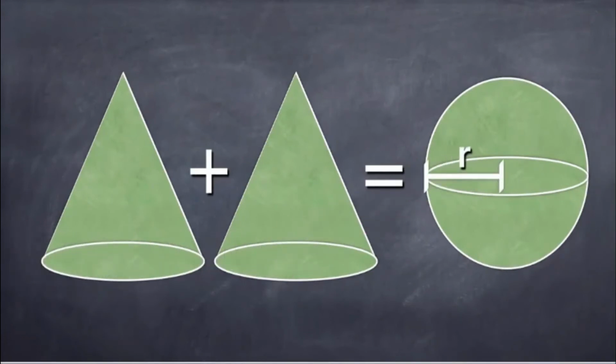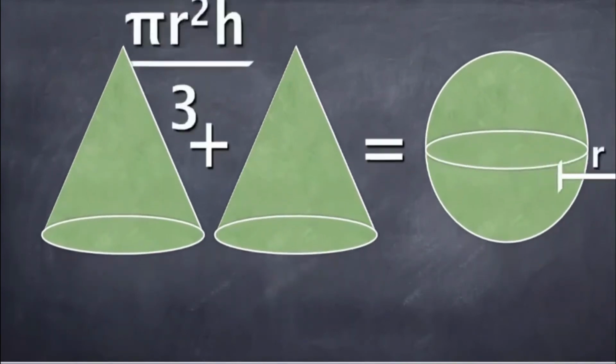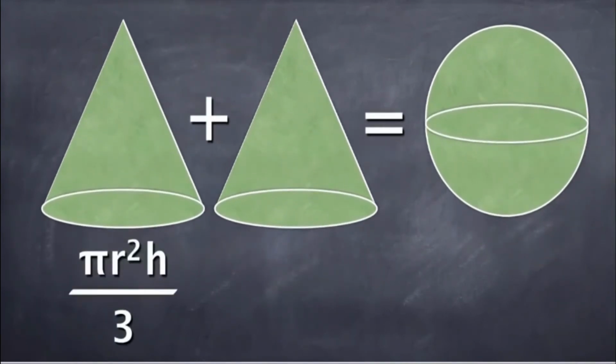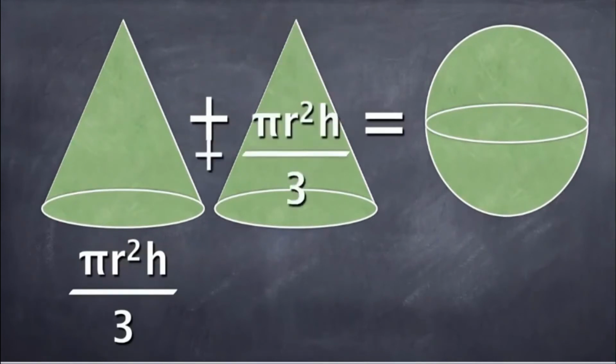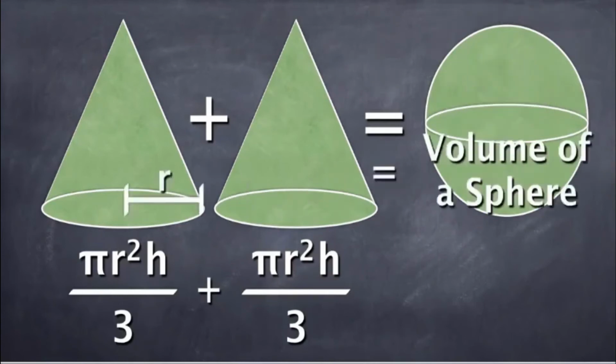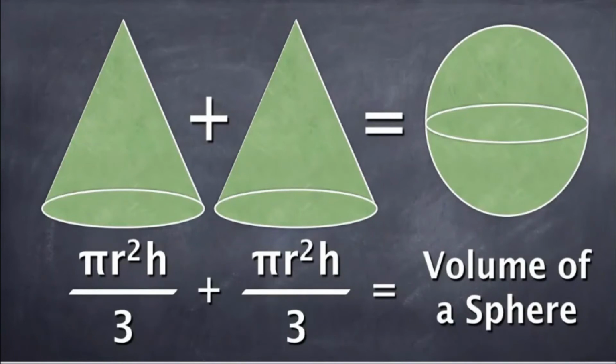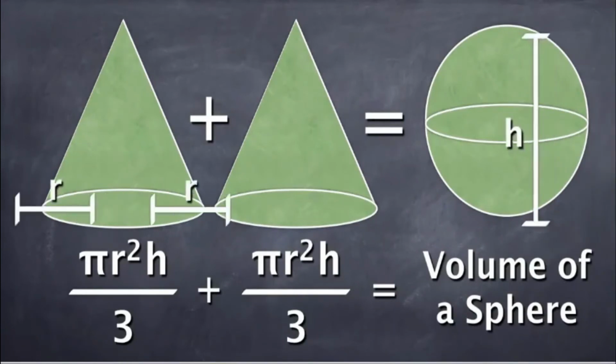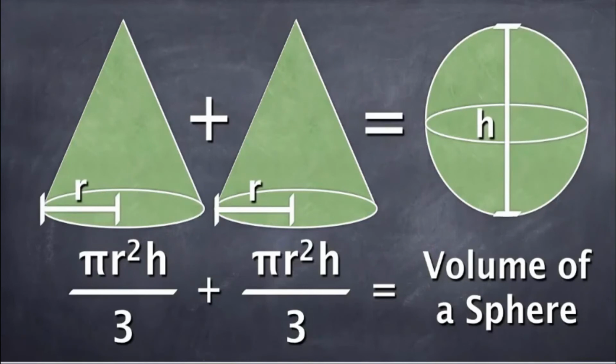Now let's put in the volume formula of the cone, which is pi r square h by 3 for both the cones, right? Because the radius and heights are the same, we sum up, and that is equal to the volume of a sphere. Now check the radius of the cone and the height of the sphere.